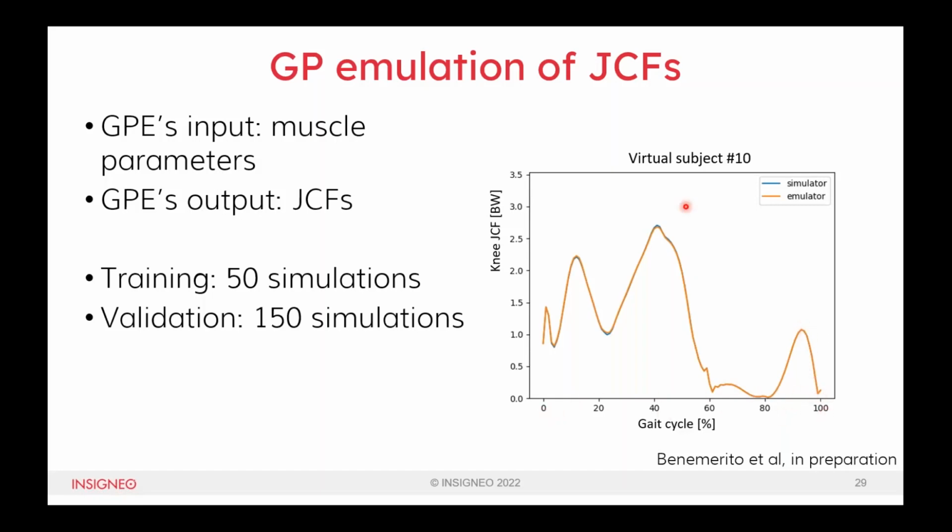So unlike the cardiovascular application, where we use the emulator to produce single values, in this case we are actually emulating entire time-dependent functions. And as you can see here, this is the example for the joint of only one virtual subject, but the emulator was able to predict joint reaction forces that matched closely what was produced by the simulator. So we were confident that the emulator was working very well.